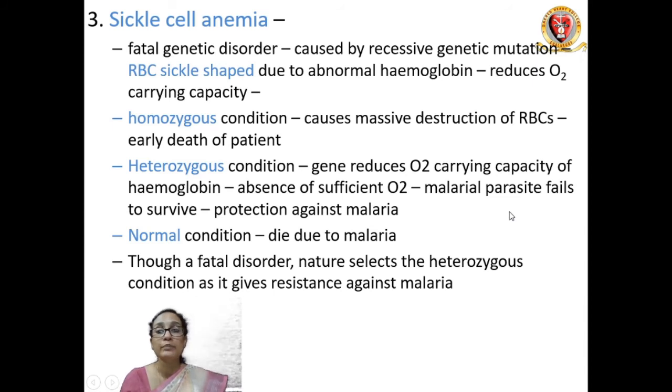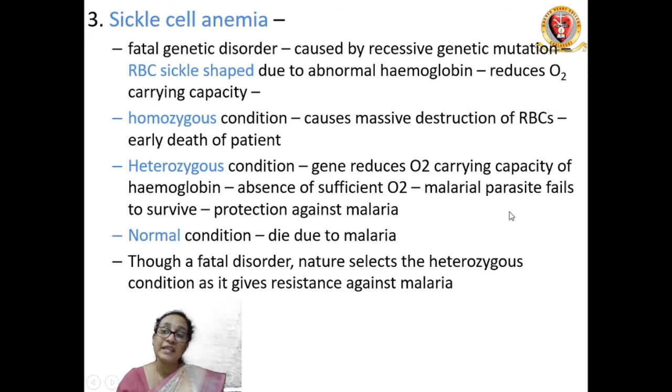But abnormal hemoglobin caused by this recessive genetic mutation results in sickling of the RBCs. Now, these sickle-shaped RBCs have a reduced oxygen carrying capacity. They also break very easily, and this is the cause for this anemic condition in such a disorder.